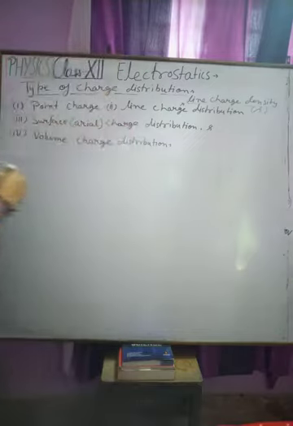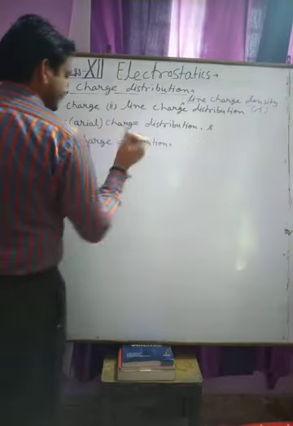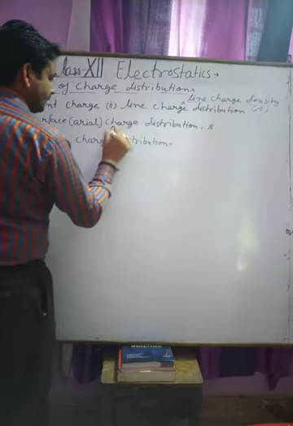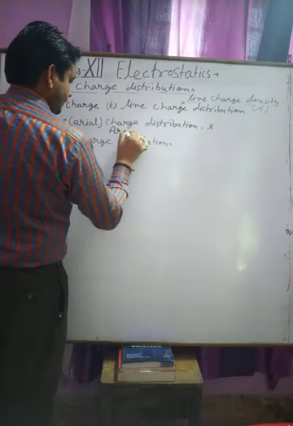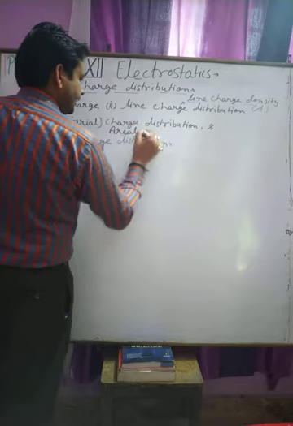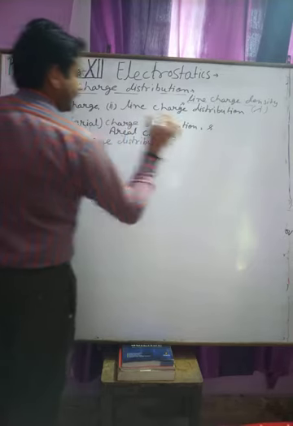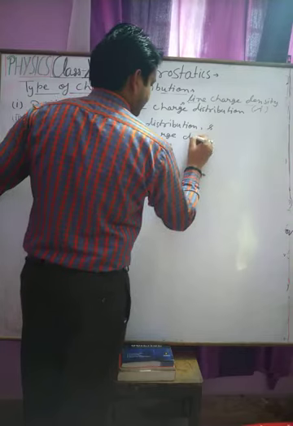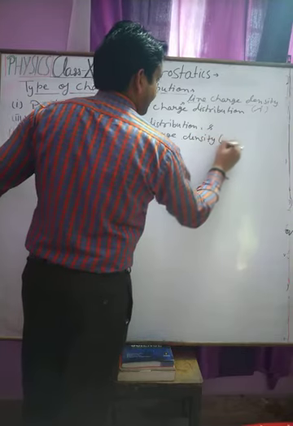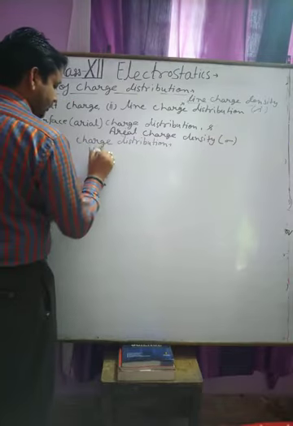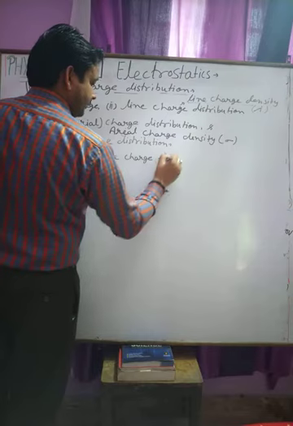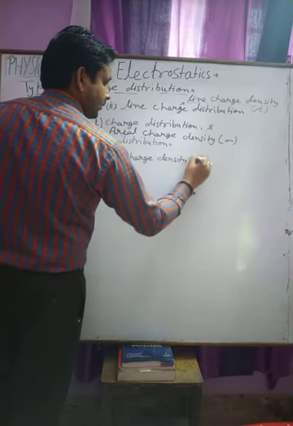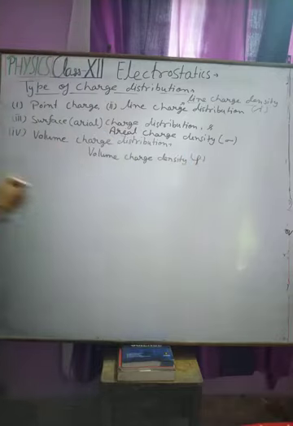Okay, student. Areal charge density is denoted by sigma, and volumetric charge density or volume charge density is denoted by the letter rho.